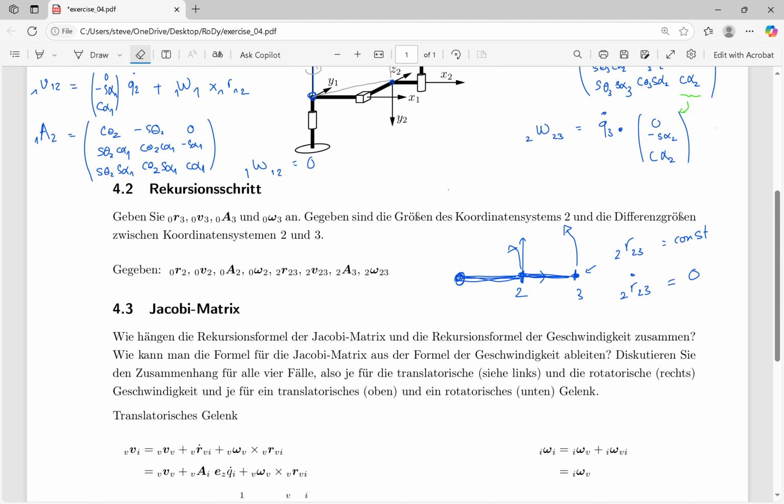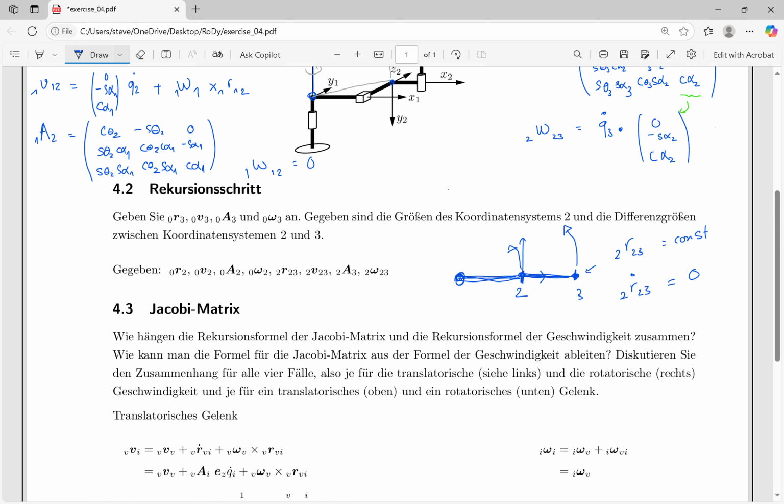When would it not be 0? Well, it would be non-zero when, for example, the 3 actually extends out to here. Then that R23 dot would be non-zero. But in this case, we are assuming that it is not.